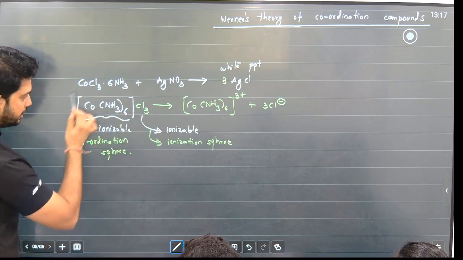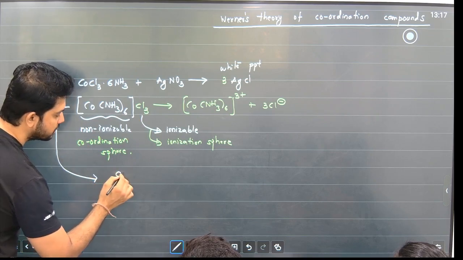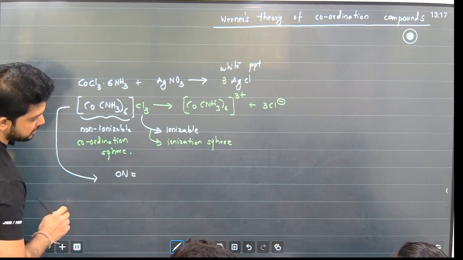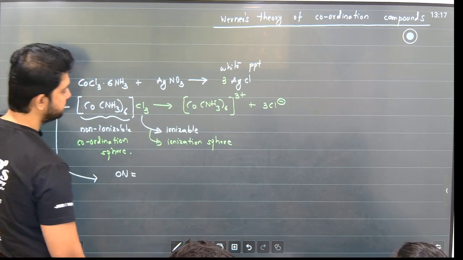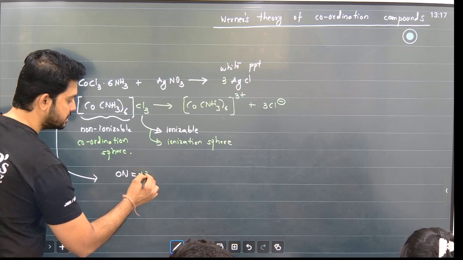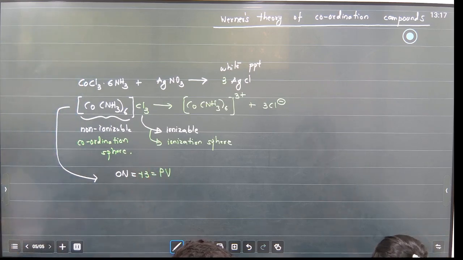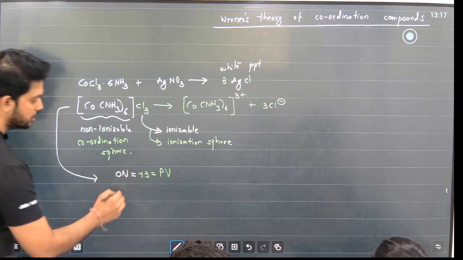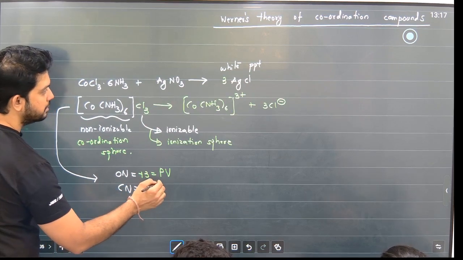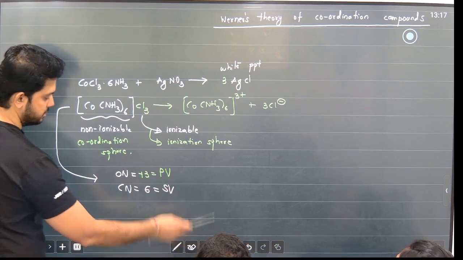Now for this particular complex, can someone quickly give me the oxidation number of the central metal atom? Plus 3. That oxidation number was called the primary valency by Werner. And what's the coordination number here, people? 6. That coordination number according to Werner was the secondary valency. Did you people get that?